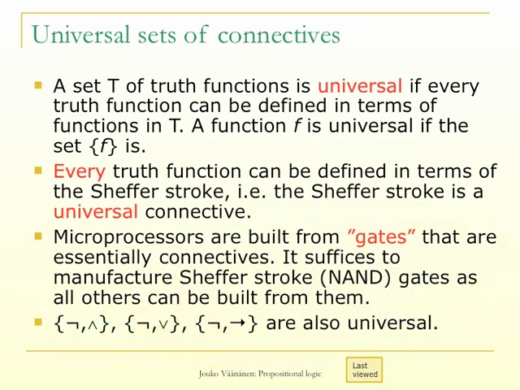The set consisting of negation and conjunction, and also the set consisting of negation and disjunction, and the set consisting of negation and implication are also all universal. This needs, of course, to be proved. So let us move on.